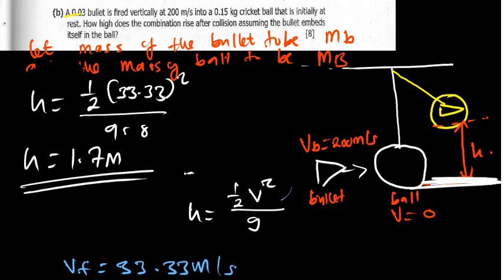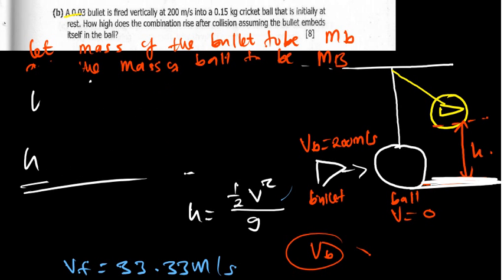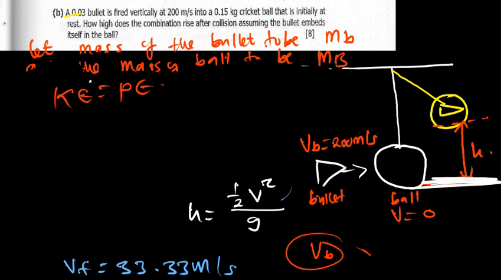Now sometimes they can give you this h, and then they ask you to find the velocity of the bullet. To find the velocity of the bullet given the h, you first start from kinetic energy is equal to potential energy. After this you find the velocity. This velocity is going to be the velocity after collision.